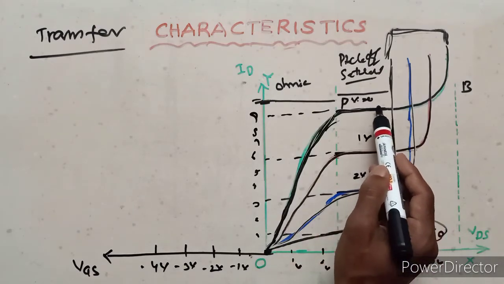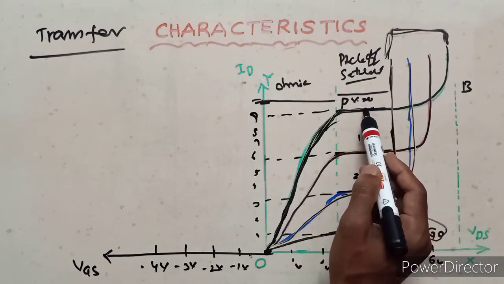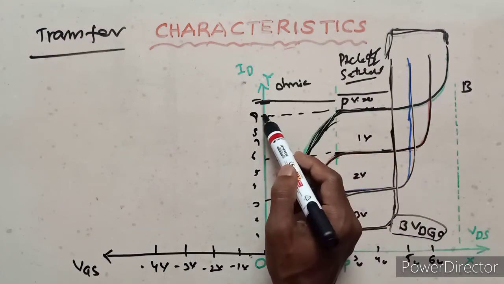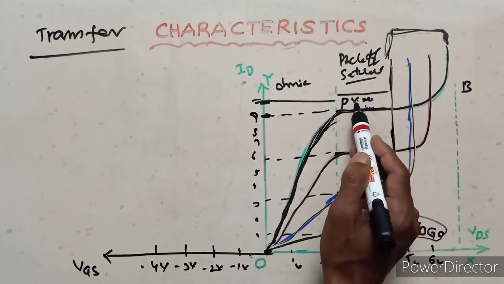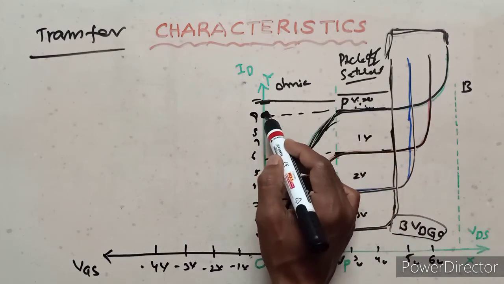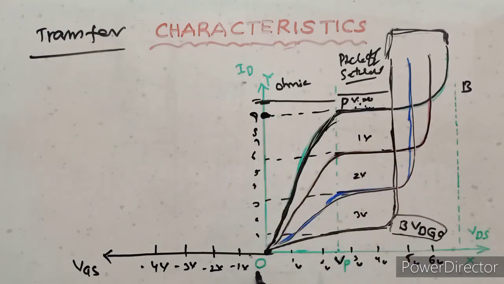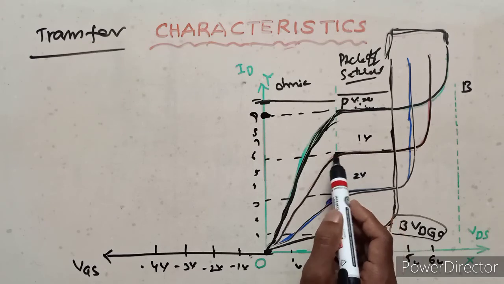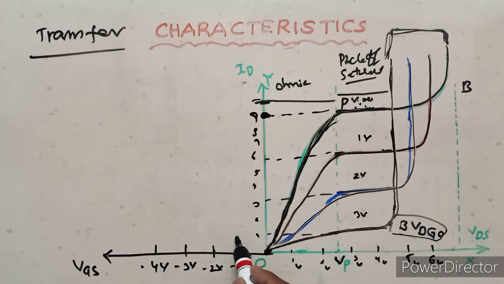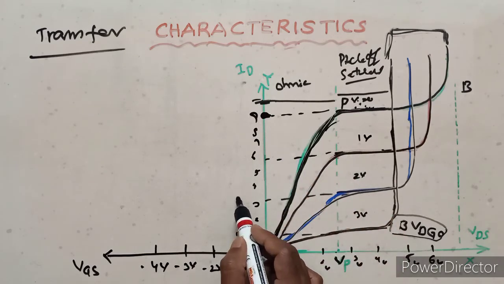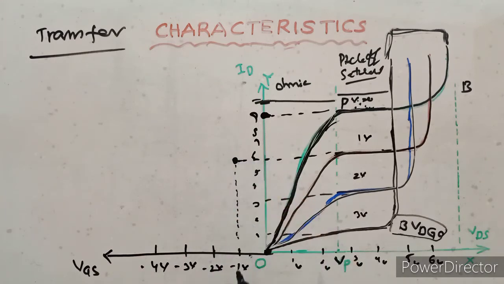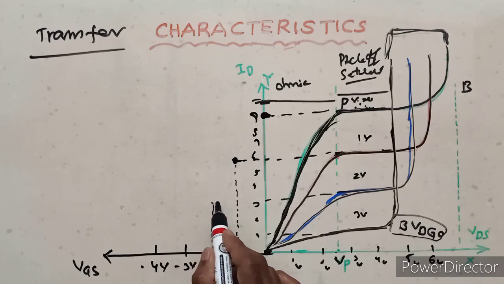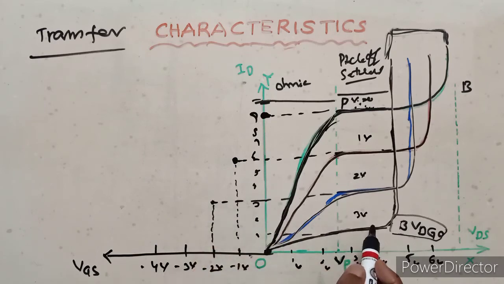So first of all, at VGS equal to 0, the drain current is maximum. The second one, 1 volt, this is the point. Second, 2 volts, this is the point.